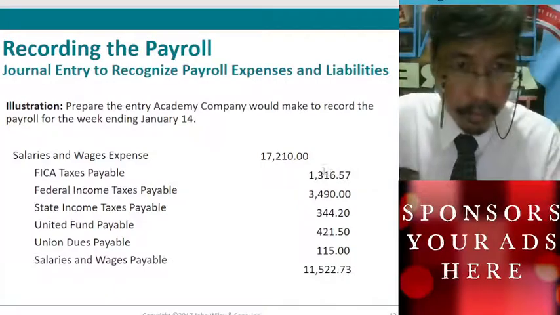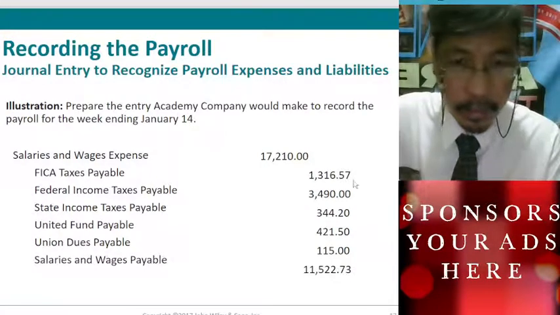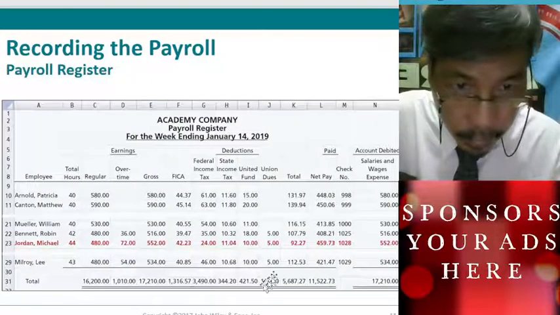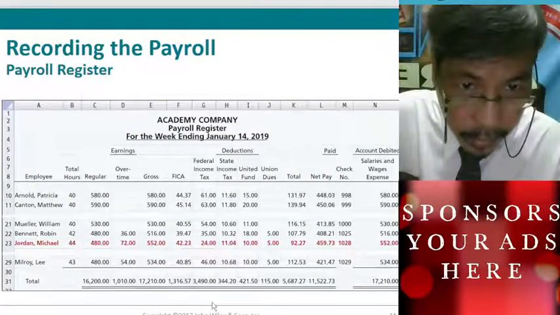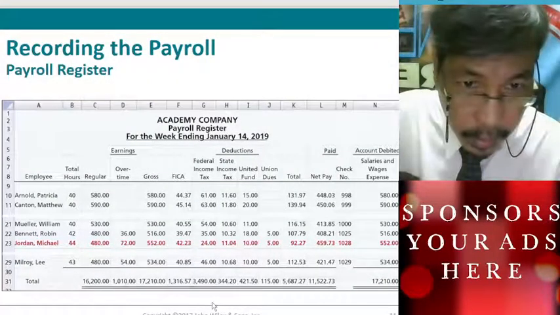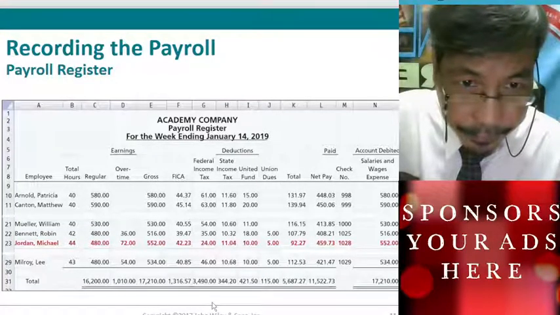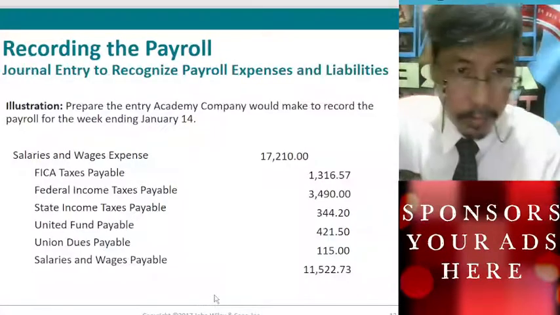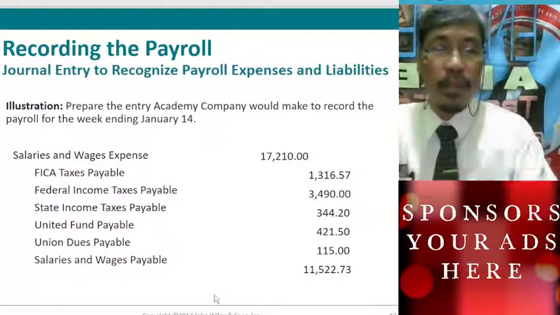What about the federal tax? The federal tax is 3,490.